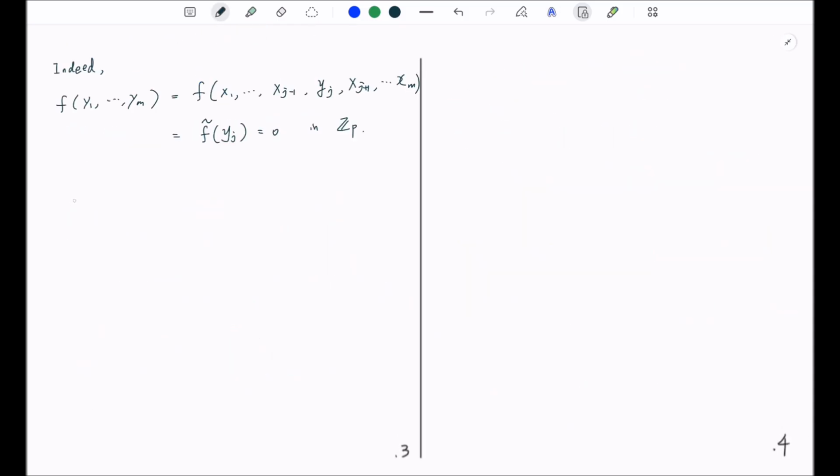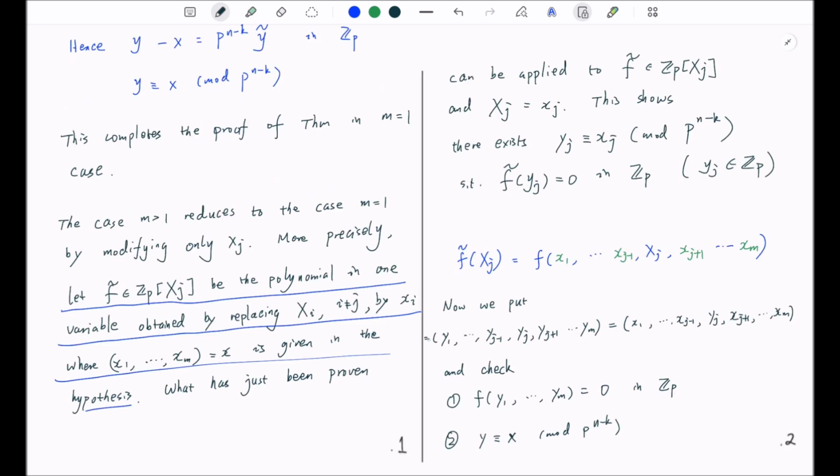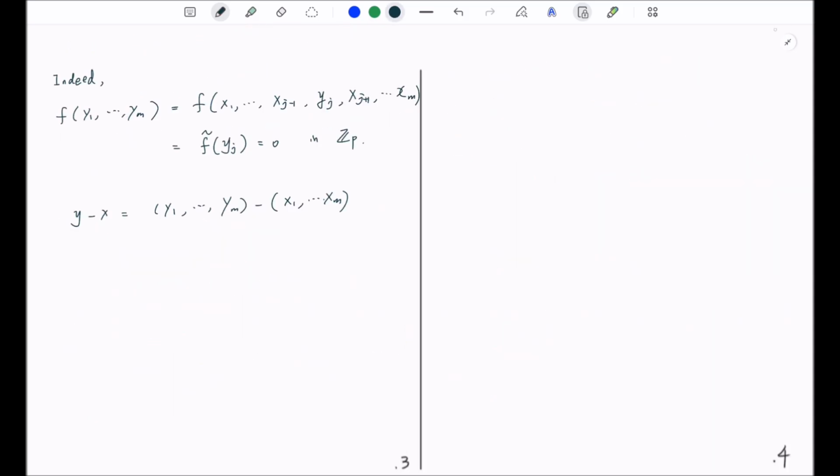And on the other hand, consider little y minus little x. I should write this more clearly. By construction, the only non-zero component is the jth component, where it is equal to y sub j minus x sub j.